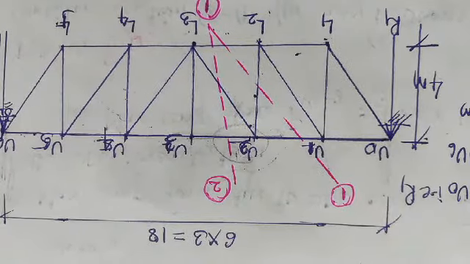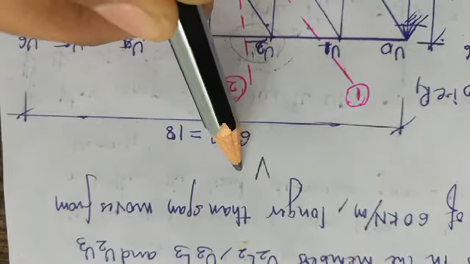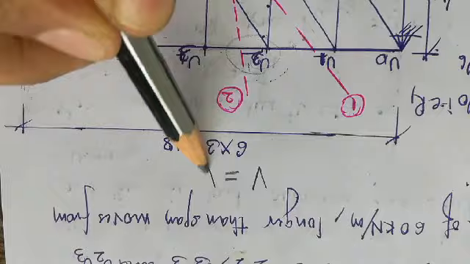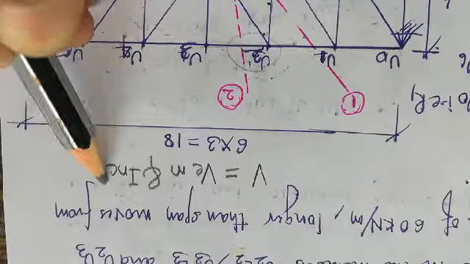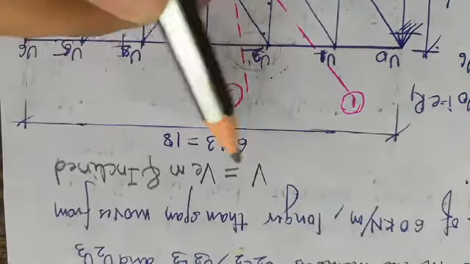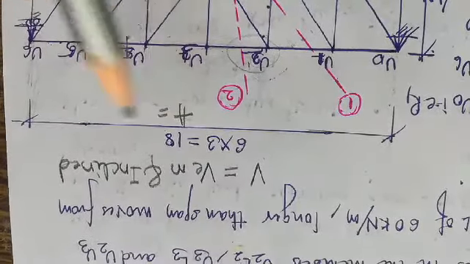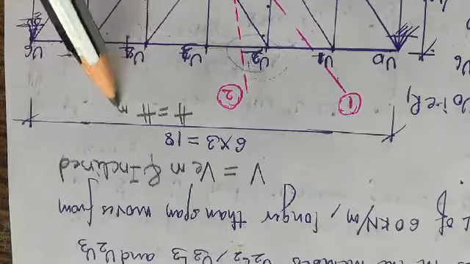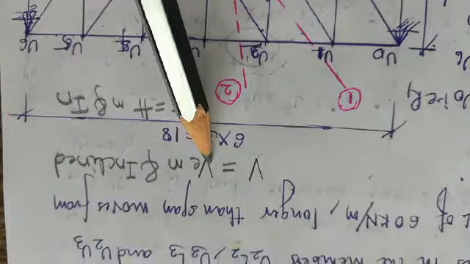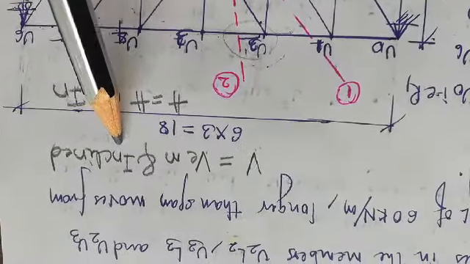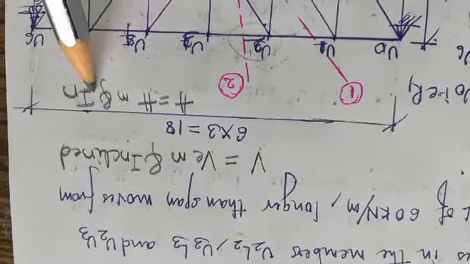Here it is very important to know that vertical forces are taken only by vertical members and inclined members, whereas horizontal forces are taken by horizontal members and inclined members.